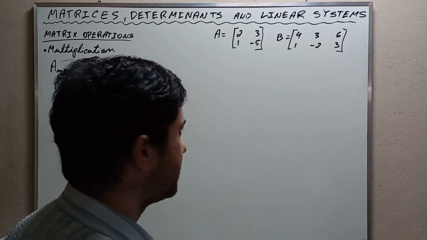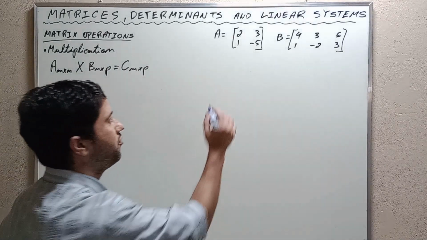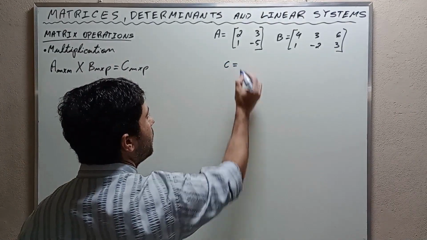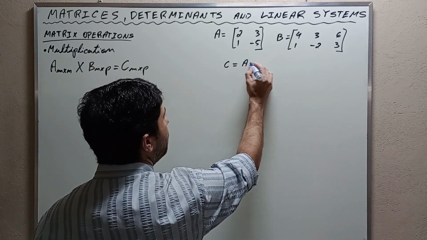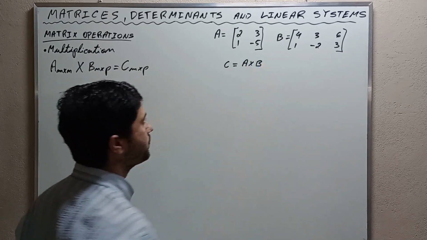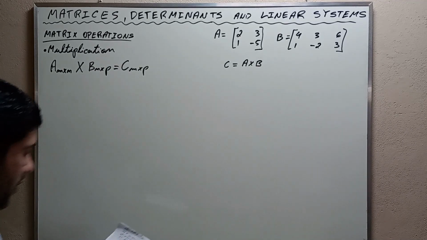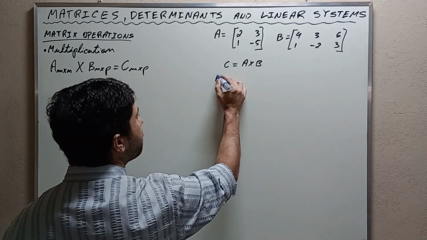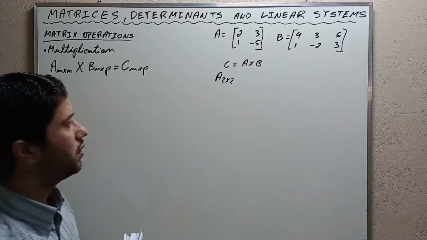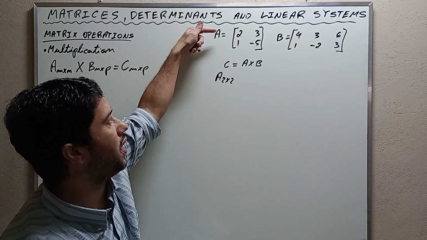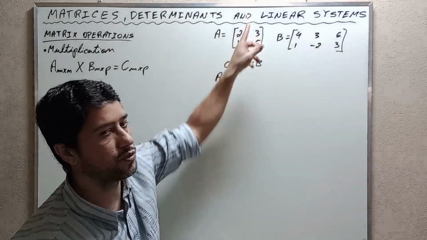Let's see an example. Let's calculate matrix C resulting from the multiplication of A and B. Matrix A is a 2 by 2 matrix. Can you see that A has 2 rows and 2 columns?